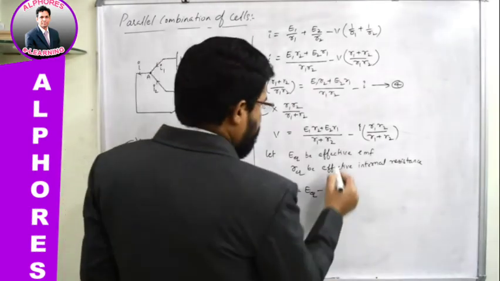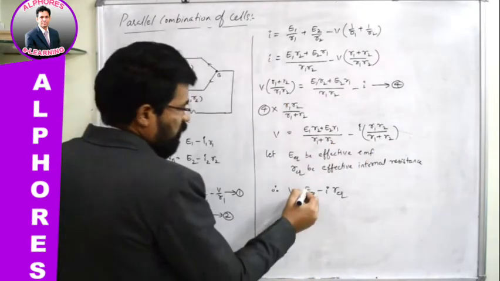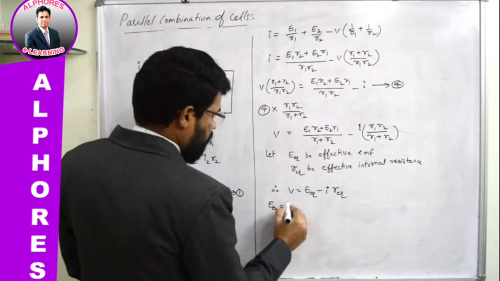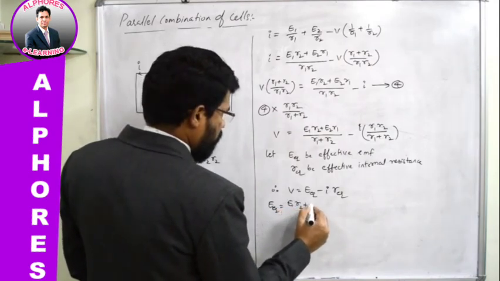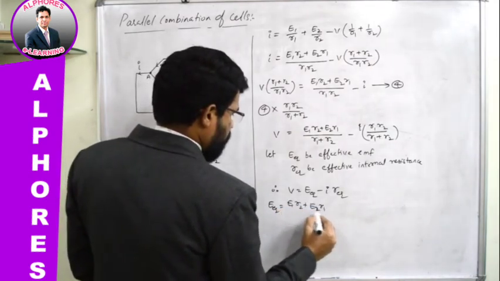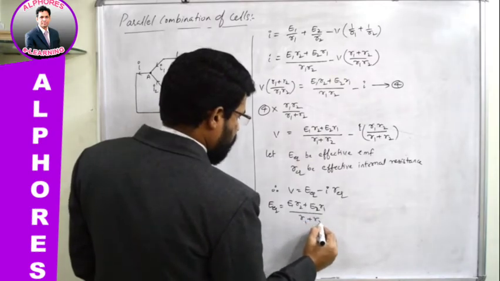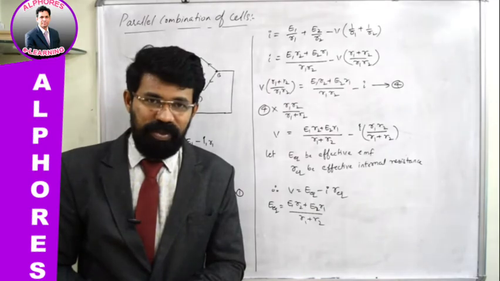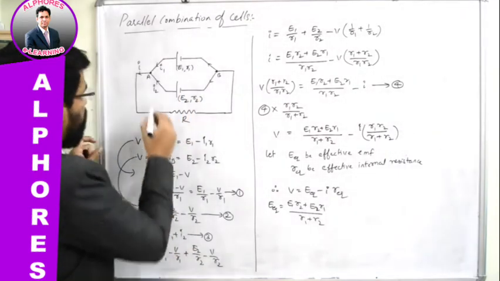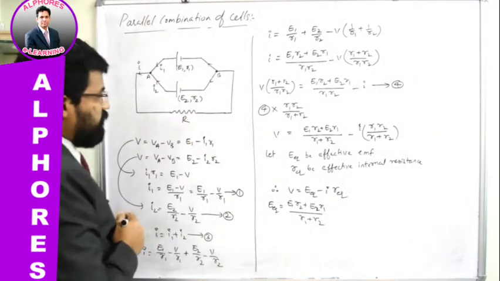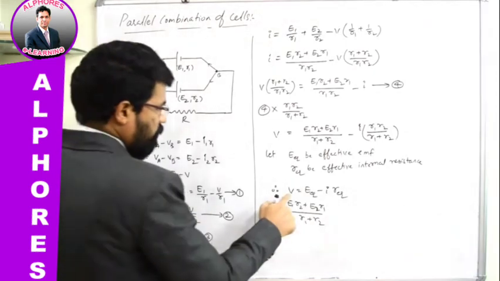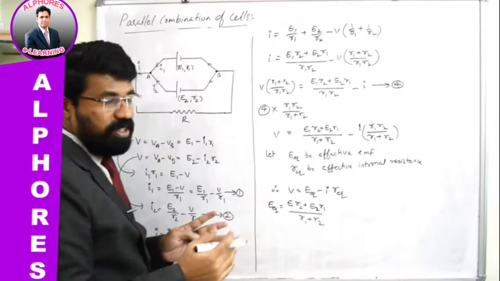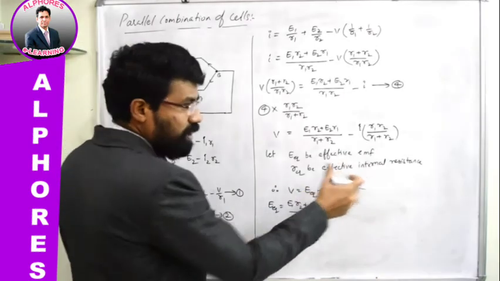Now, when you compare these two equations, in place of E equivalent, what do you have? You have E equivalent as E1 R2 plus E2 R1 by R1 plus R2. So this is the expression for equivalent EMF. Here, between these 2 points, whatever terminal potential difference is there is written in terms of equivalent values. Basically, terminal potential difference is EMF minus I into internal resistance.